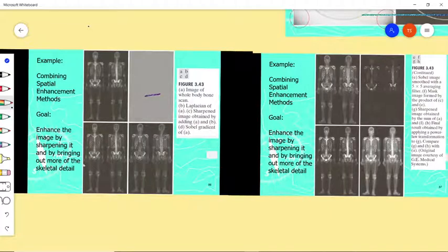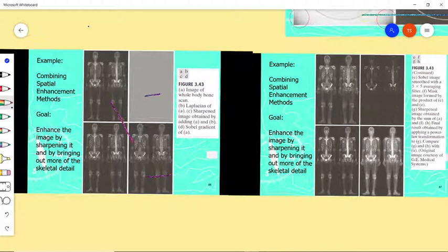We sharpened the image by adding these two, using the Sobel gradient. This is the output of the Sobel gradient. See, the image is sharpened and enhanced, bringing out more of the skeleton details than the input image.